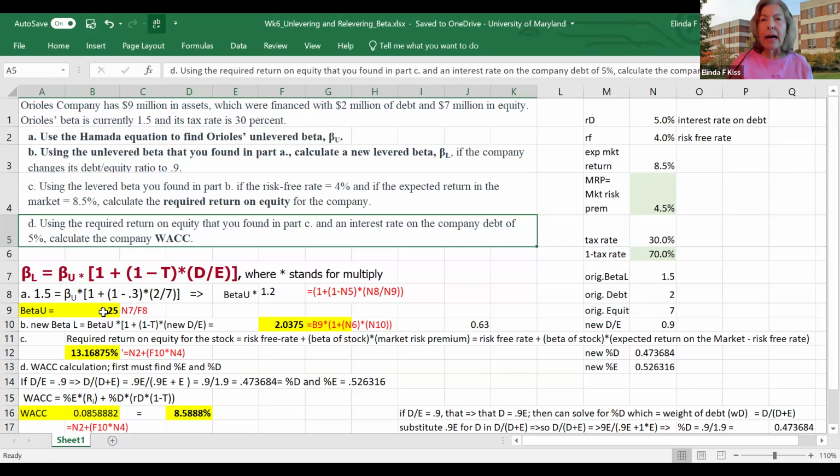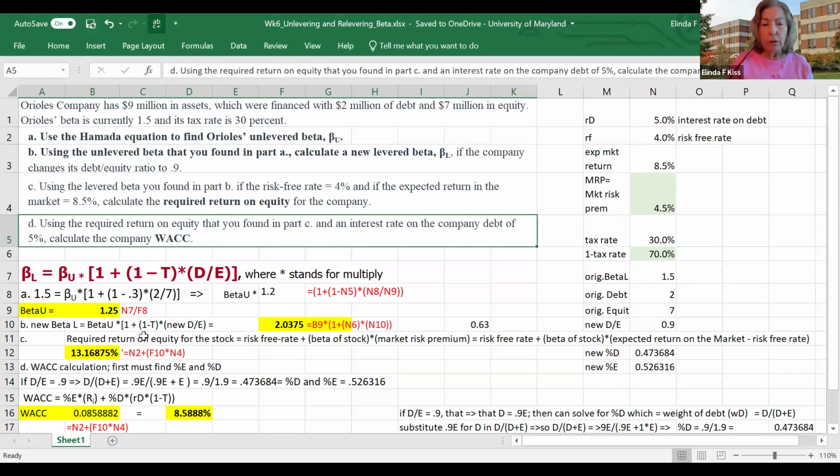That is the answer to part A of the problem. Next, we relever the unlevered beta with a new debt equity ratio equal to 0.9 using the Hamada equation. 0.7, 1 minus the corporate tax rate, times 0.9. The new debt equity ratio term equals 0.63.